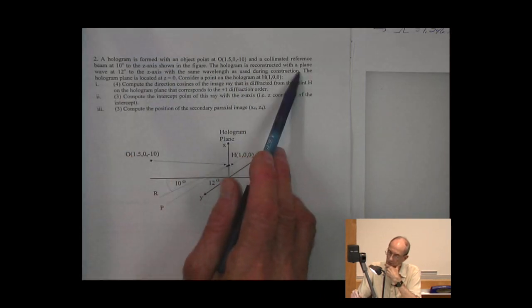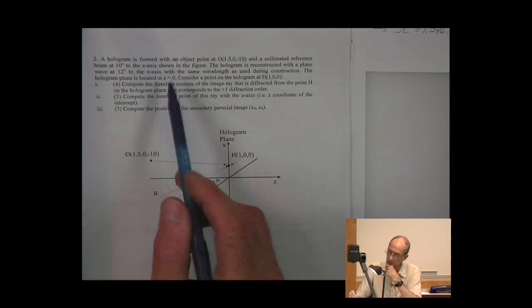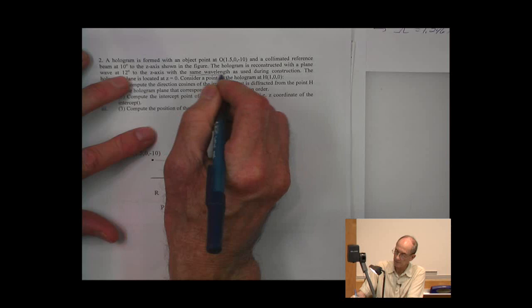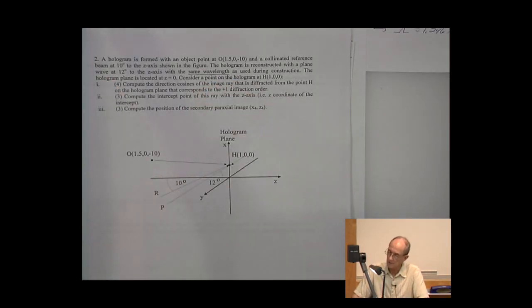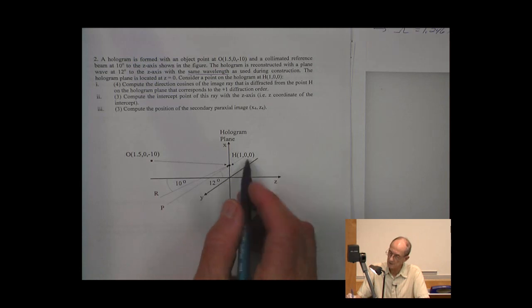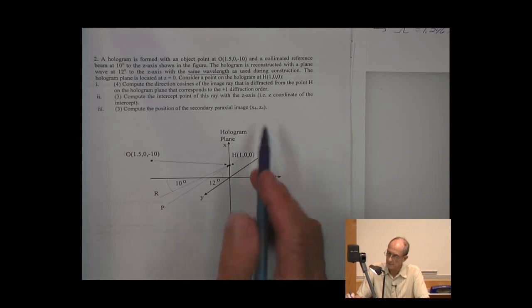The hologram is reconstructed with a plane wave at 12 degrees to the z-axis with the same wavelength. So the wavelengths are equal, all right? And the hologram is located at z equals 0 with an x position of 1, and we're looking at a point on the hologram that's in the xz plane, all right?